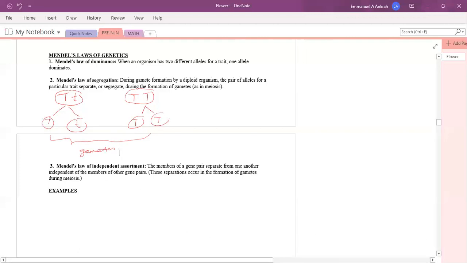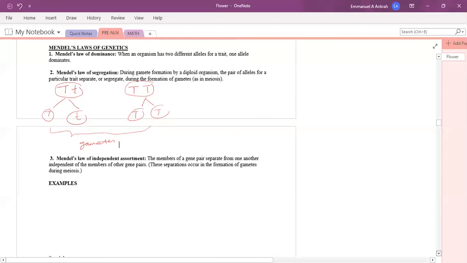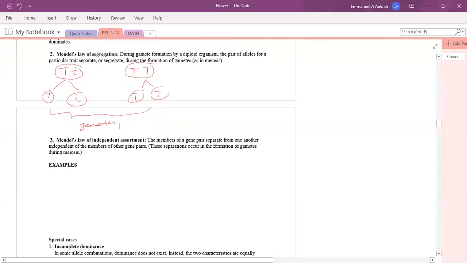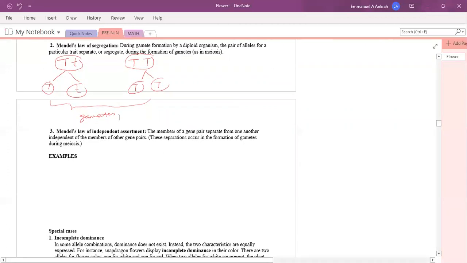Then his third law is Mendel's law of independent assortment. Assortment means there's a random combination of these gametes. It says members of a gene pair separate from one another independently of the members of the other gene pairs.